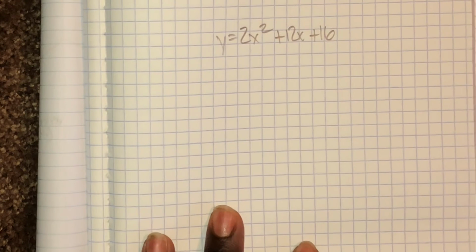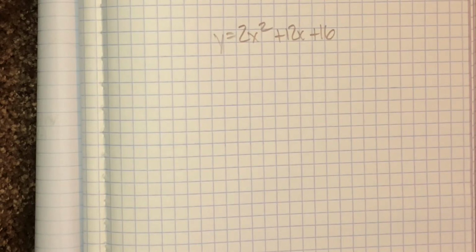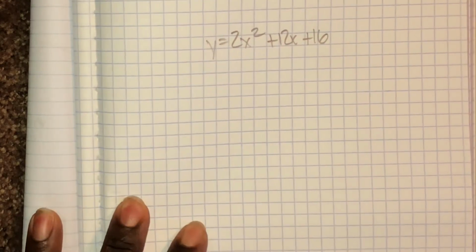All right, so now that we have reinforcements, let's say we have 2x squared plus 12x plus 16, and we're looking for our solutions. If we were to do that, we actually could factor out a GCF. Always look for the GCF first.